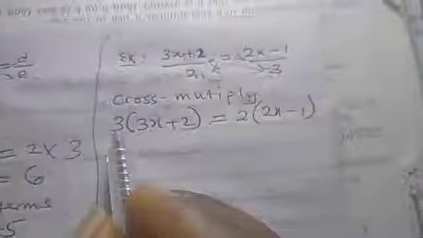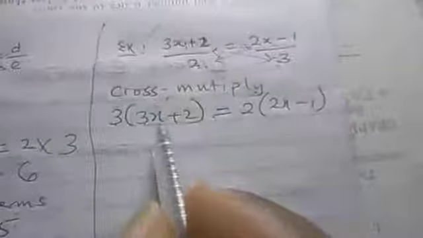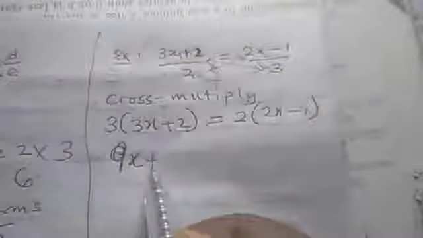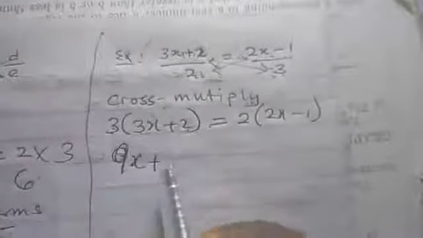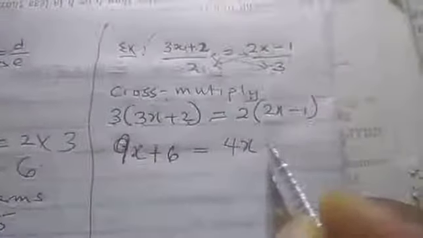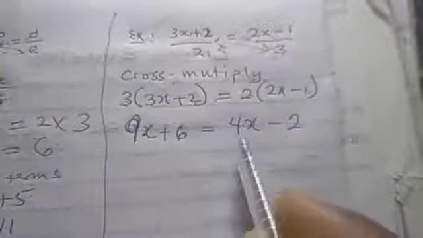Now we use 3 to multiply everything in this bracket, starting from this: 3 times 3x, that is 9x, plus 3 times 2, that is 6, equal to 2 times 2x, that is 4x, minus 2 times 1, that is 2. From this we collect the like terms.